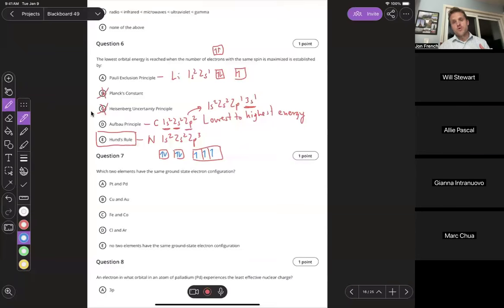We want to make sure each orbital has one electron before we pair up electrons. If you notice, this maximizes the number of electrons with the same spin, because I put one electron in each orbital before we force those electrons to pair up.